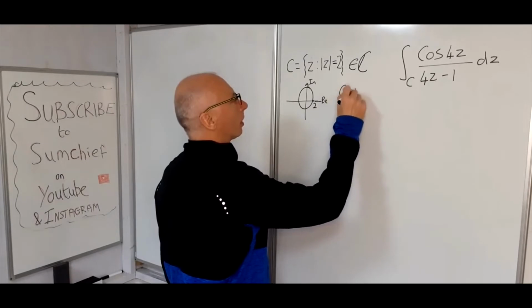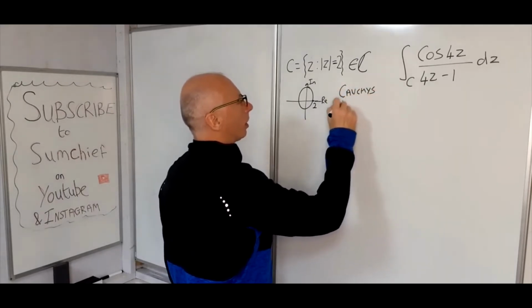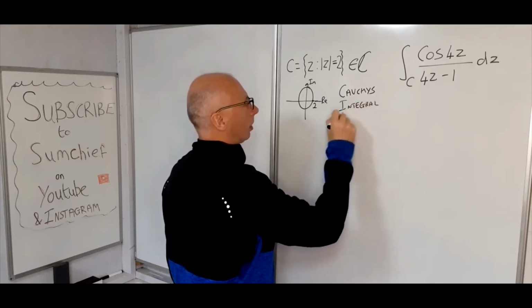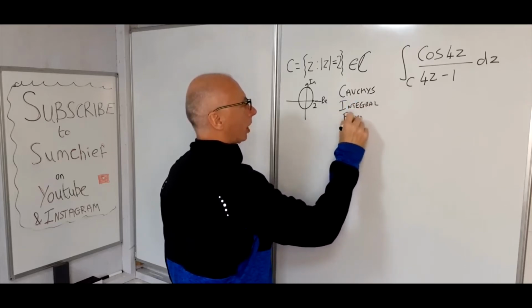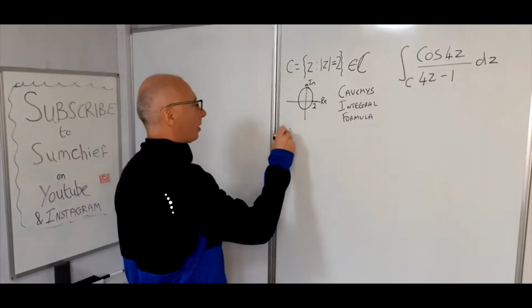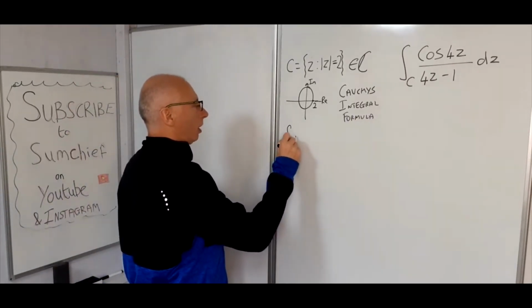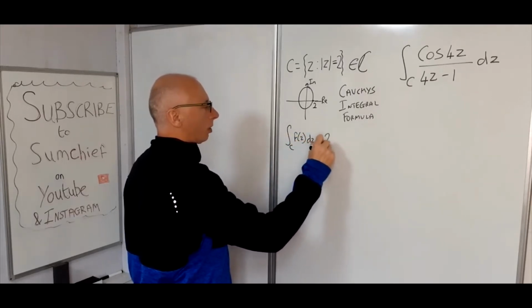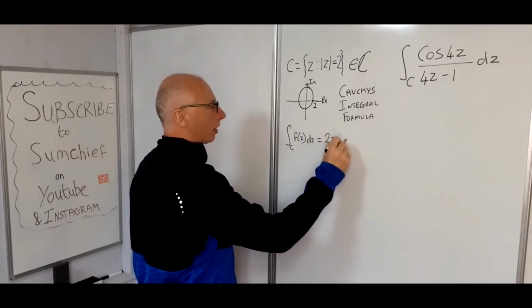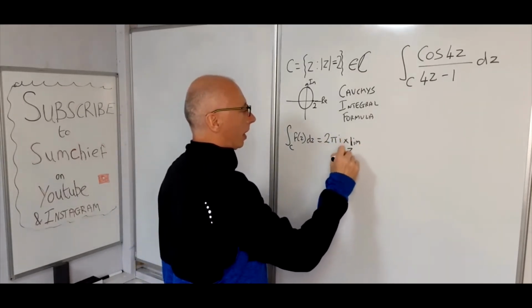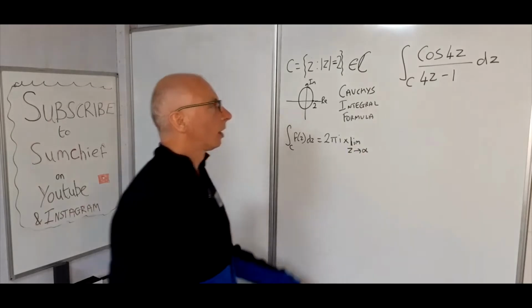So Cauchy's integral formula. Okay, so Cauchy's integral formula states this, that the integral of f of z dz equals 2 pi i times the limit as z approaches alpha.